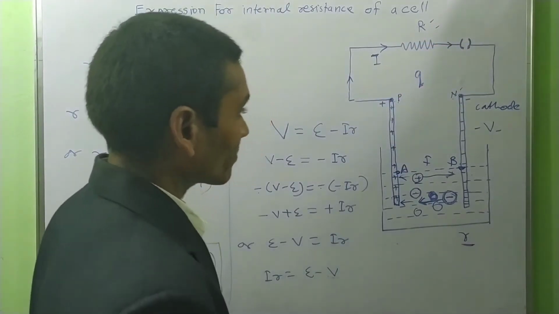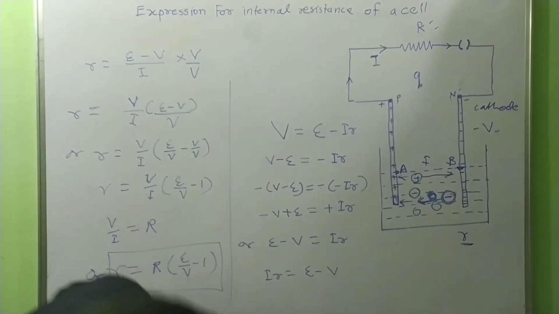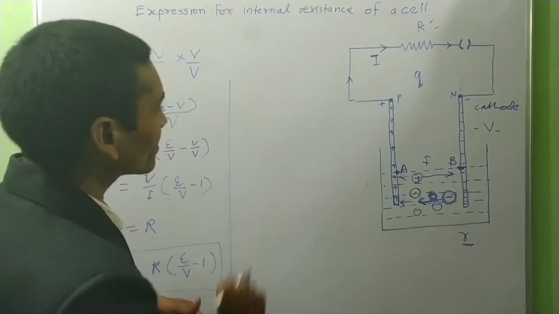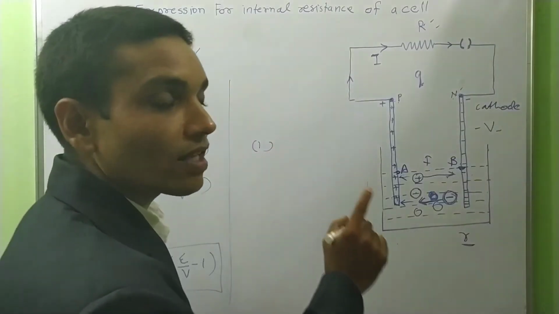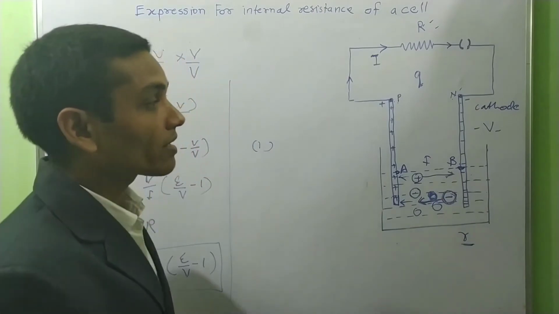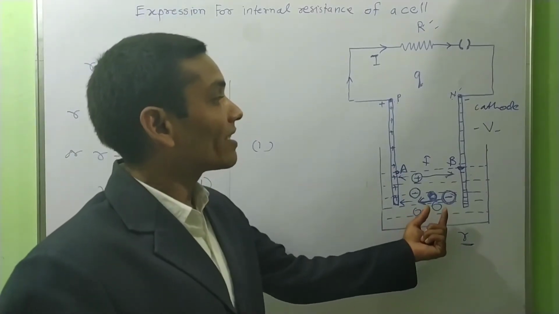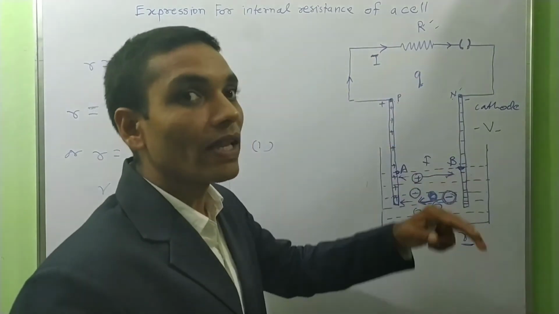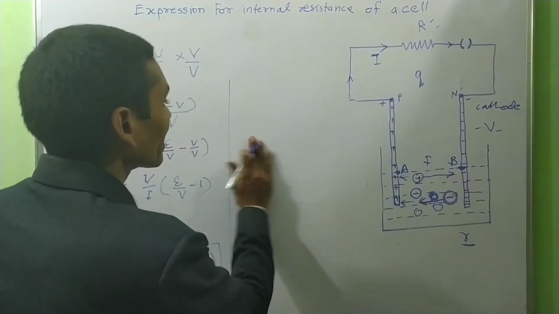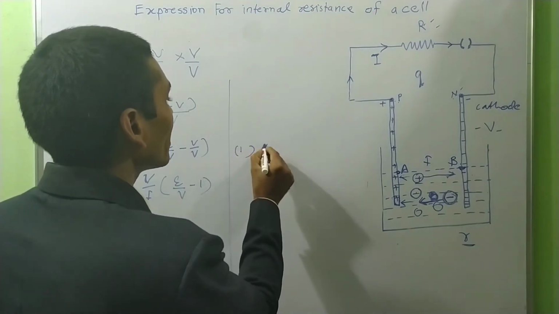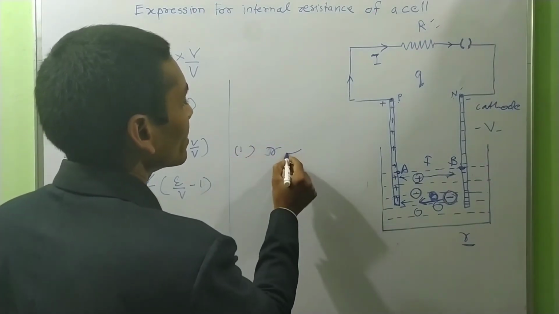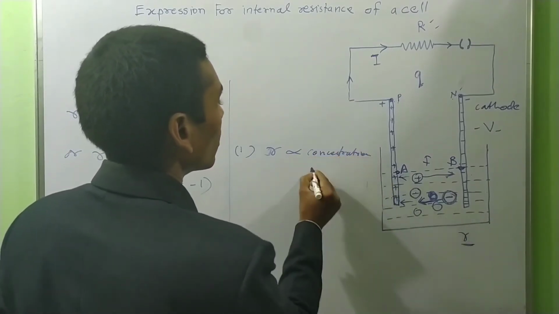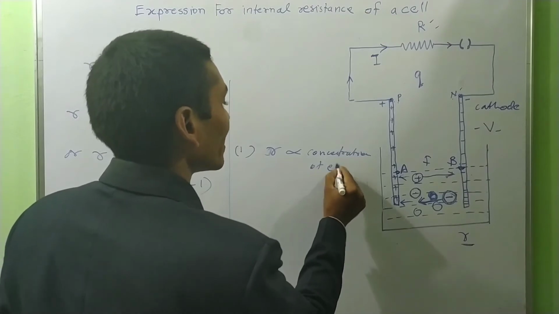So the first factor affecting the internal resistance is the concentration of the electrolyte. If the concentration of electrolyte is increased, the current drawn from the cell will increase. So the internal resistance r is directly proportional to the concentration of electrolyte.